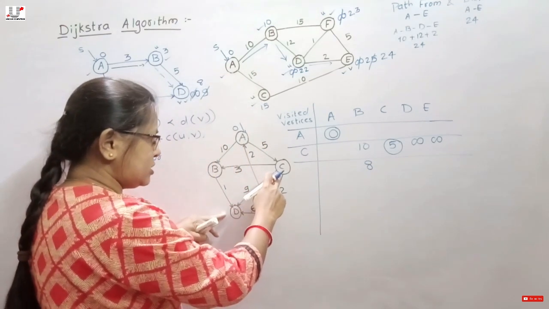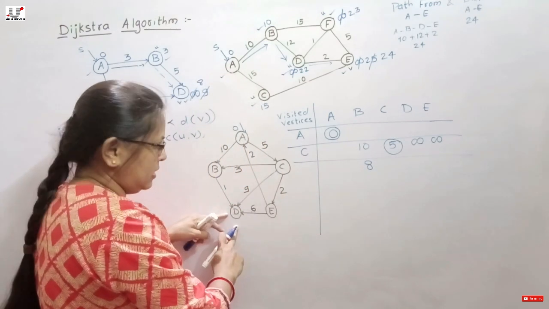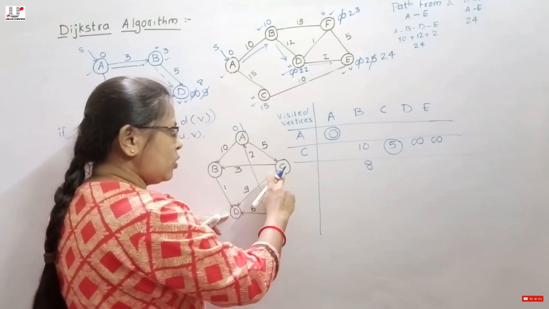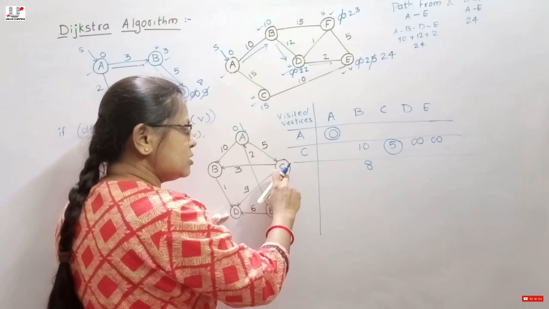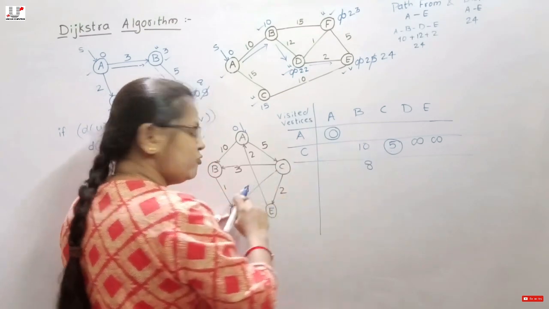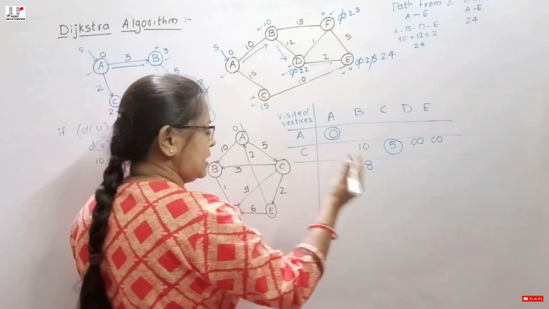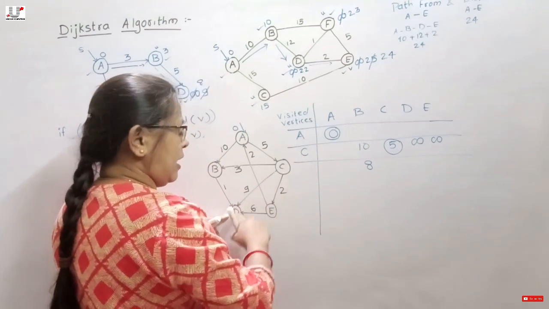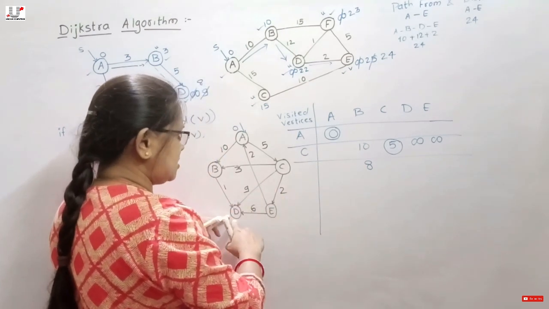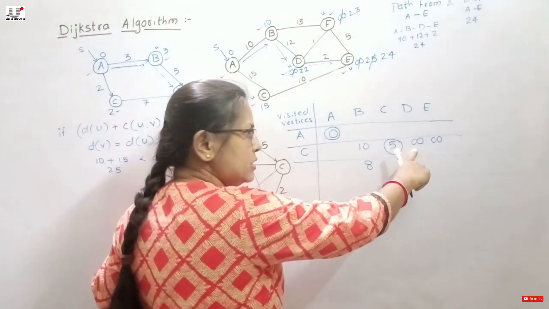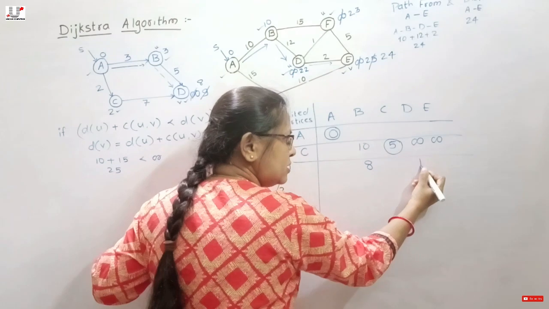Then the next adjacent to C is D having cost 9. So the distance of C is 5, 5 plus 9 it gives 14 and 14 is the distance from C to D. The previous one is infinity. So 14 is smaller than infinity.